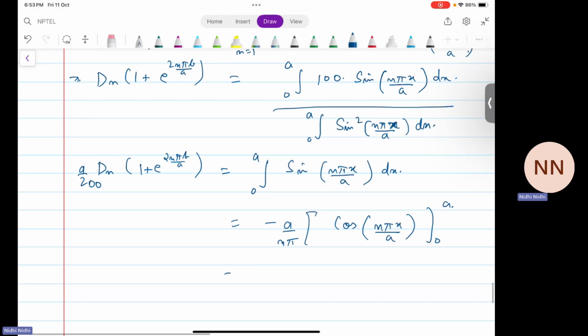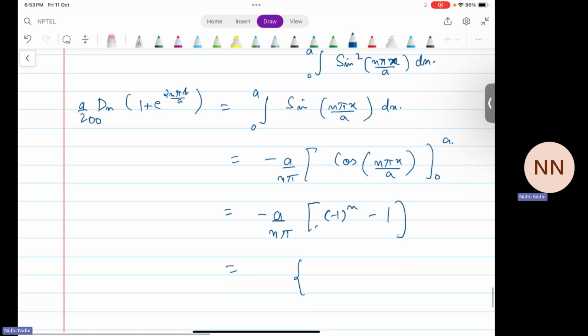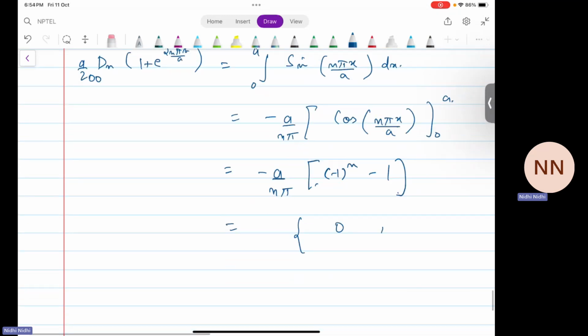And this is equal to minus a by n pi, cos n pi is minus 1 to the power n, minus cos 0 is 1. So this is equal to 0 when n is even, and this is equal to 2a by n pi when n is odd.